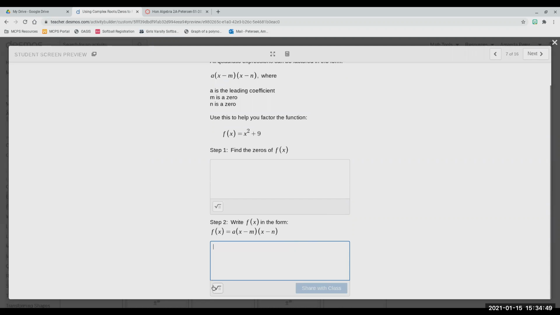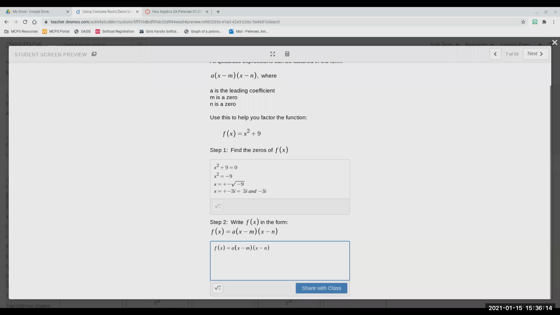So 3i and -3i are my zeros. I'm plugging them into my factored form. x minus 3i, x minus -3i, and as we talked about before, minus a negative always becomes a positive.